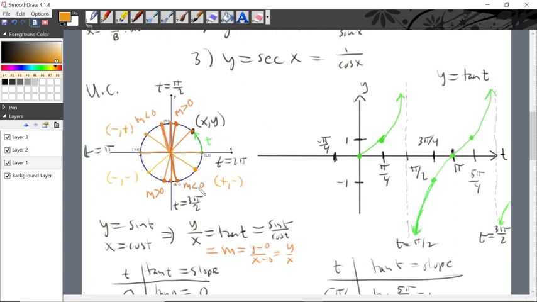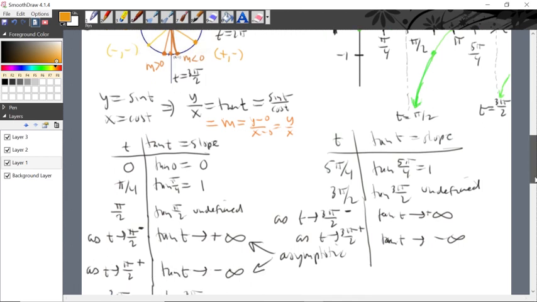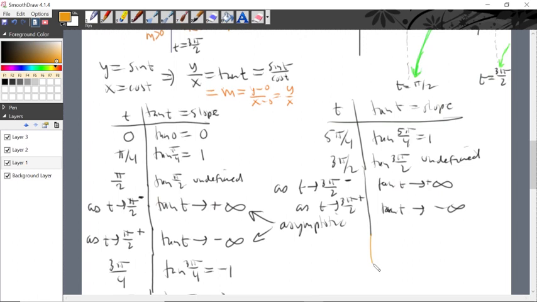Of course, the slope is less than 0. So t equal to negative pi over 4 puts us halfway through quadrant 4. The reference angle is pi over 4, so the magnitudes of sine and cosine are the same. That's the magnitude of the y and x coordinates are the same, but they're opposite in sign. So the tangent, being the ratio of those two, would then be negative, negative 1 in fact.